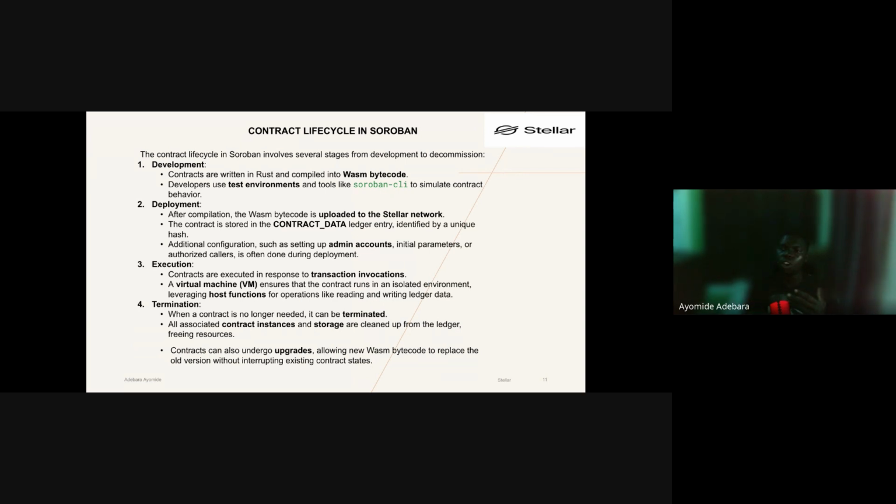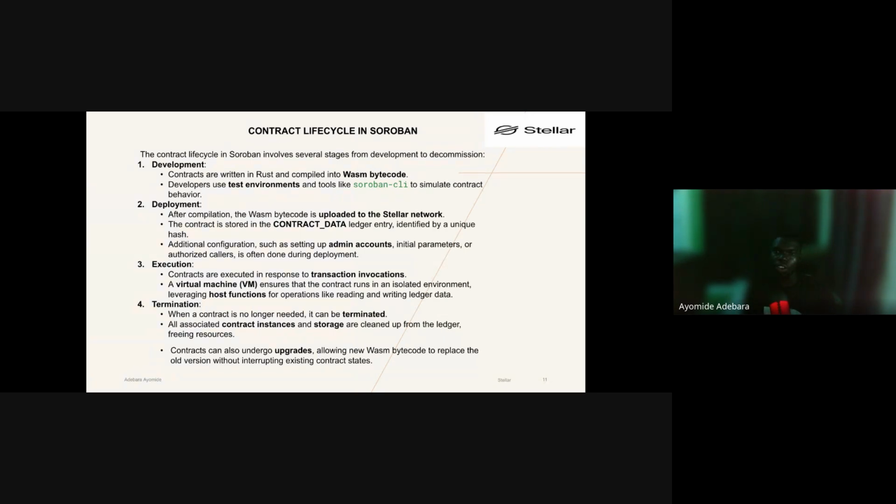Now, the function calls could either be a write or a read call. So interacting with your smart contract is basically a transaction, and this transaction is still stored on the ledger. And that's the next step, that is execution, interacting with it.